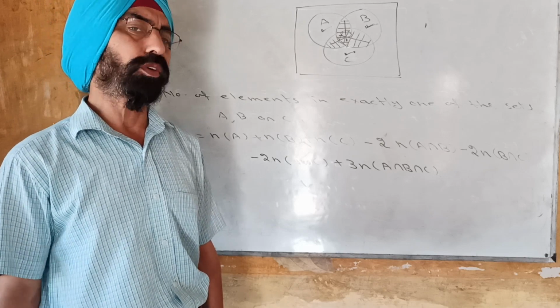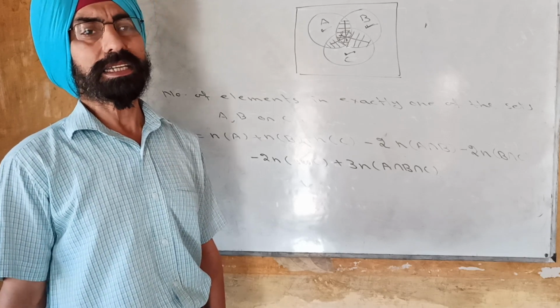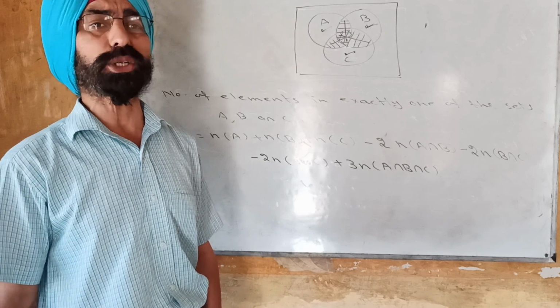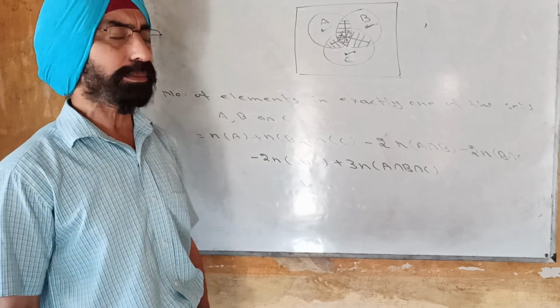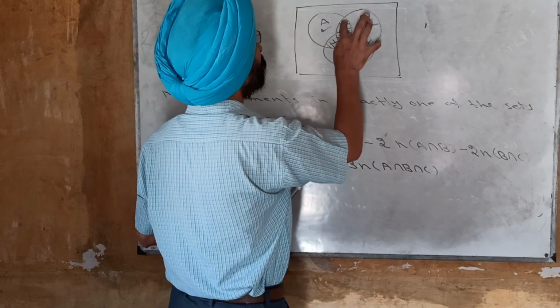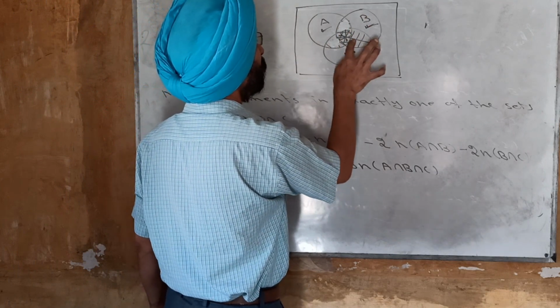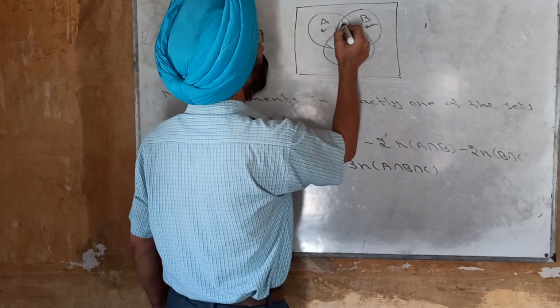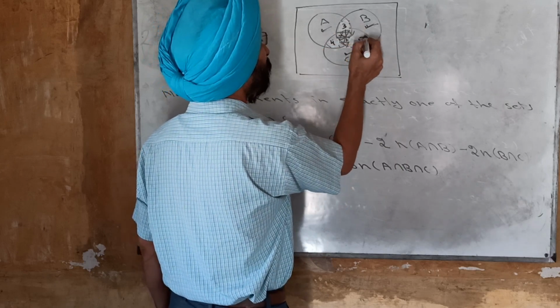Now we move ahead. If we are asked the number of elements in exactly two sets. Exactly two sets means I am talking about these portions number 3, 4 and 5.